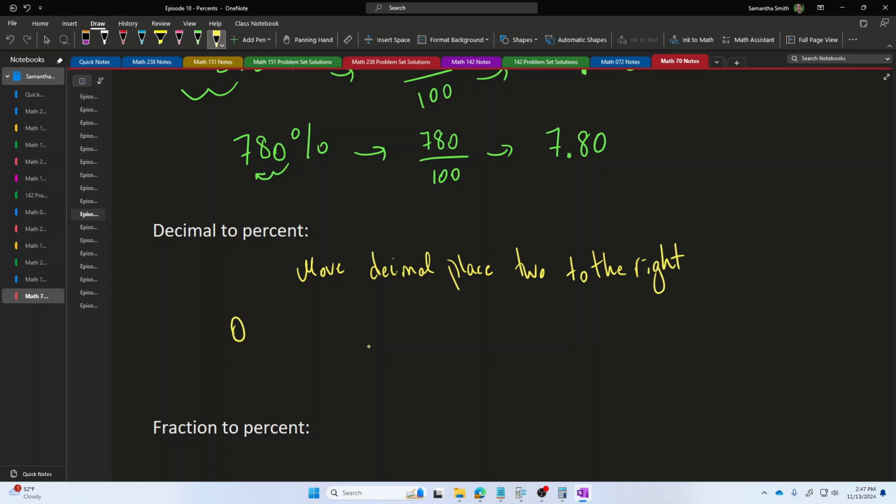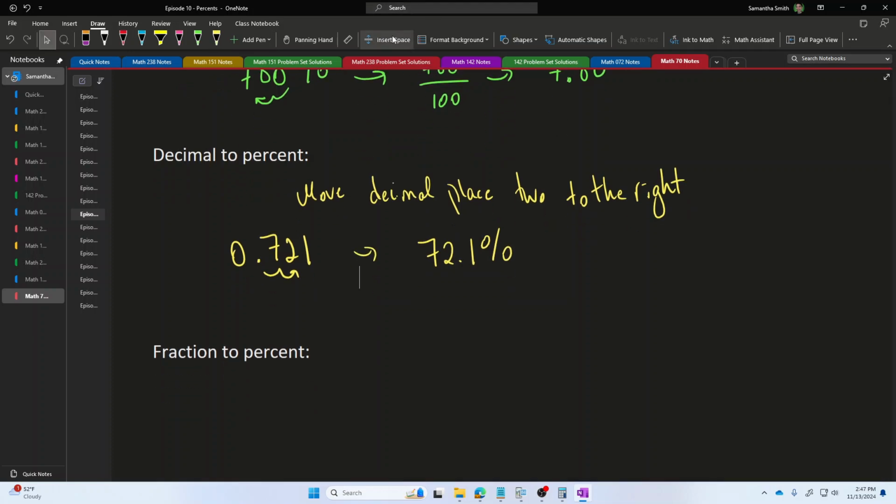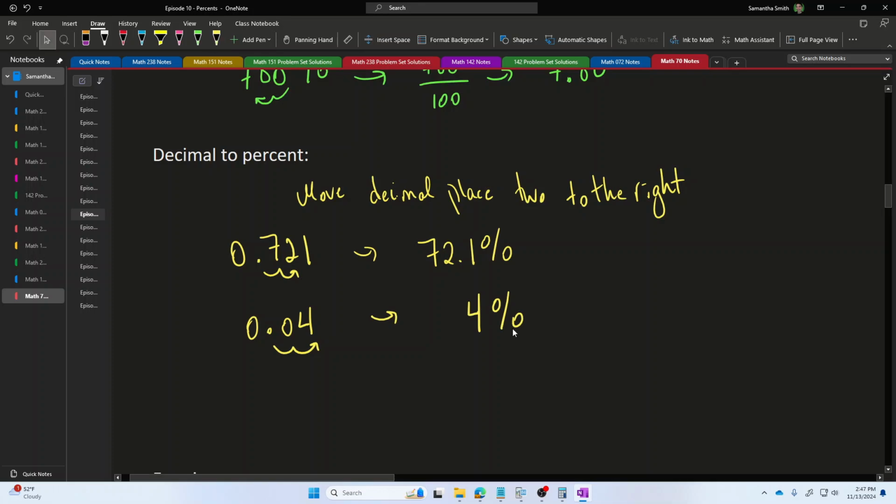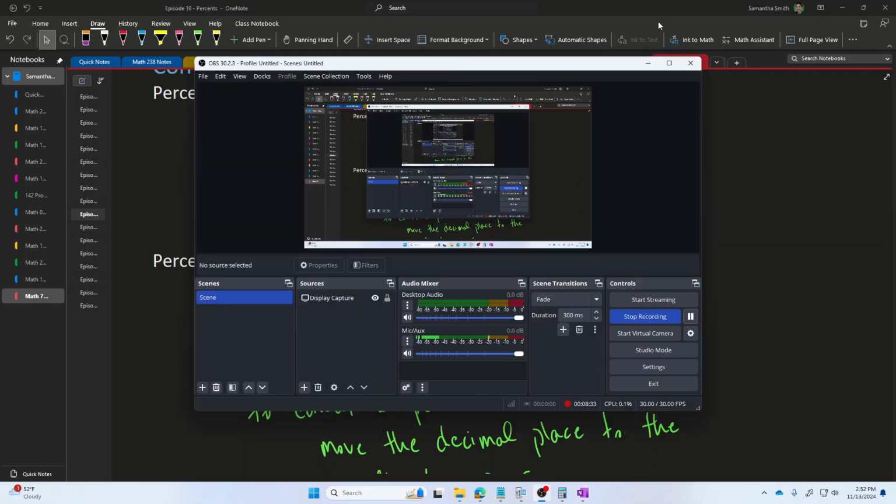So for example, if I had 0.721 and I wanted to convert that to a percent number, just move the decimal place back into position and I get 72.1%. And if I had, for example, 0.04, I would move that decimal point 2 units to the right, and I would get 4%. That would be equivalent to 0.04 units.